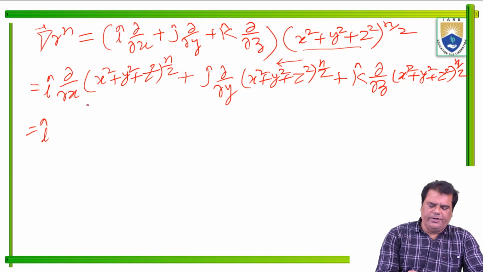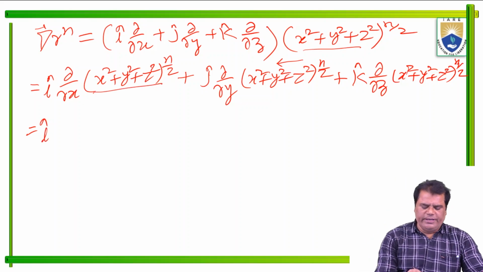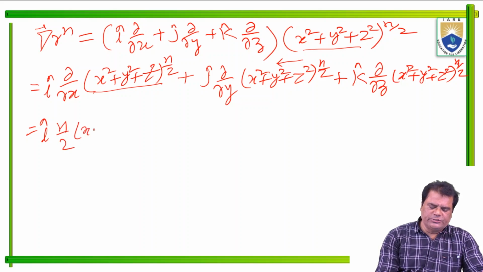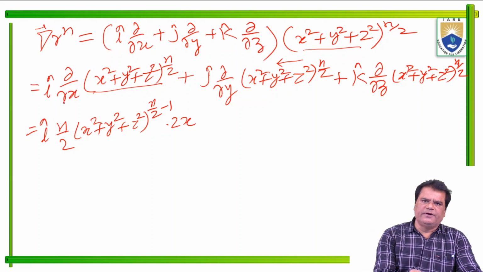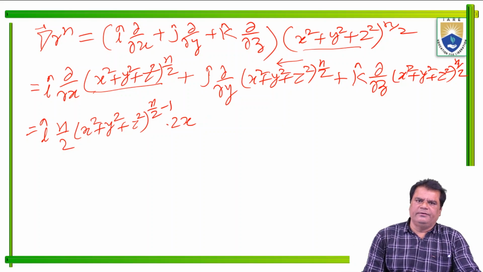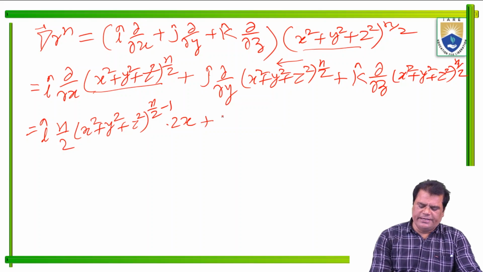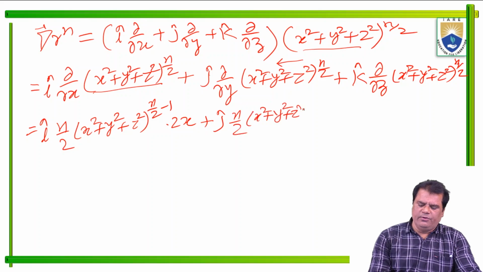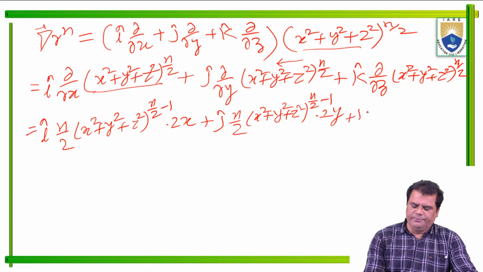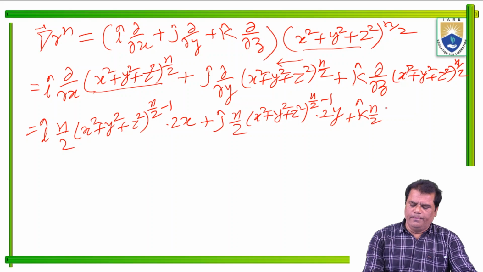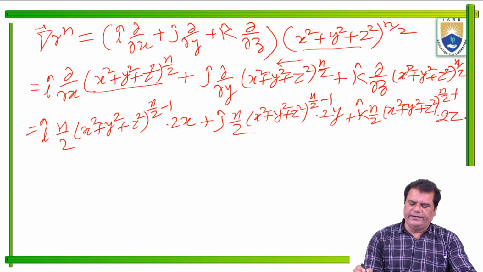Now, i cap differentiating with respect to x: the power n/2 comes before the function, and the power is reduced by one. So we get (n/2)(x² + y² + z²)^(n/2 - 1) into 2x, plus j cap (n/2)(x² + y² + z²)^(n/2 - 1) into 2y with respect to y, plus k cap (n/2)(x² + y² + z²)^(n/2 - 1) into 2z.